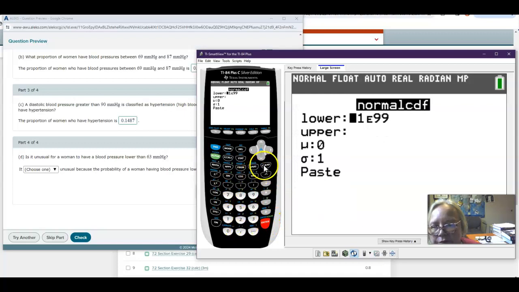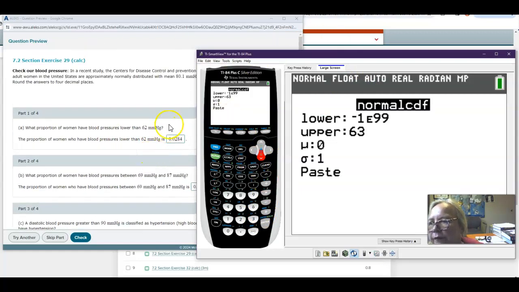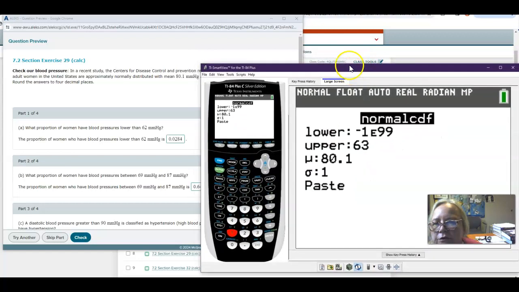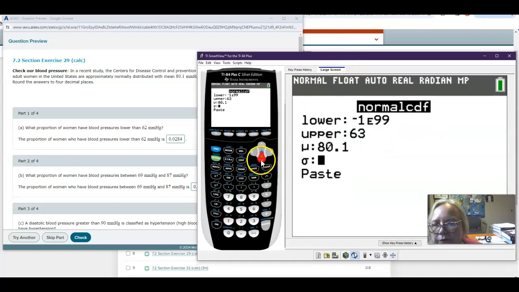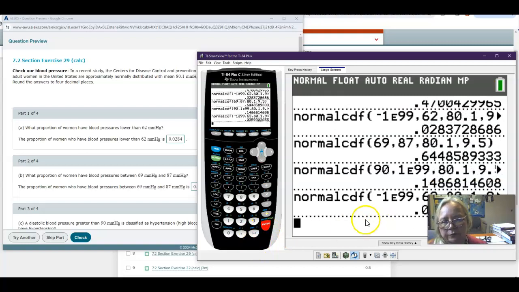Negative 1E99, and here upper 63, mean 80.1, and the standard deviation is 9.5. So we calculate the area, or the probability, or the proportion.